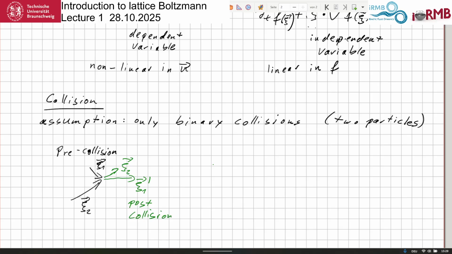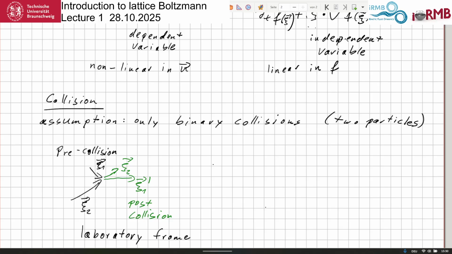This is so complicated to draw because we are in the laboratory frame. Say I'm standing here on my desk and I pick out two particles in the air and see how they collide. This is not very efficient and a little bit problematic for me. I don't really know how to draw this, so it's easier to draw this in the center of mass frame of these two particles colliding.